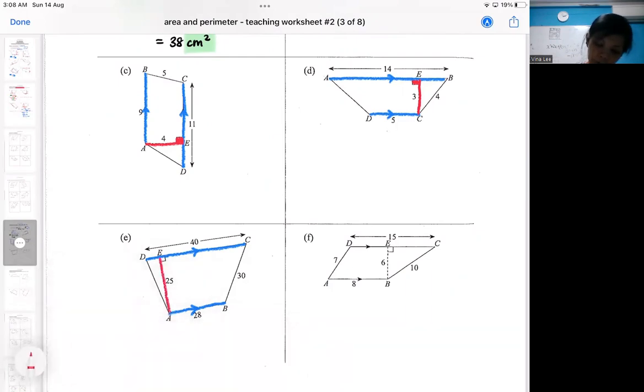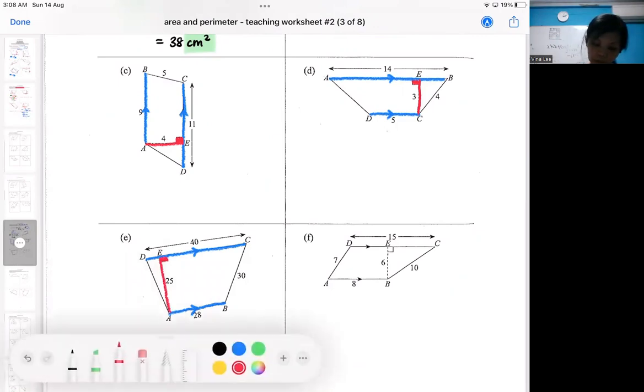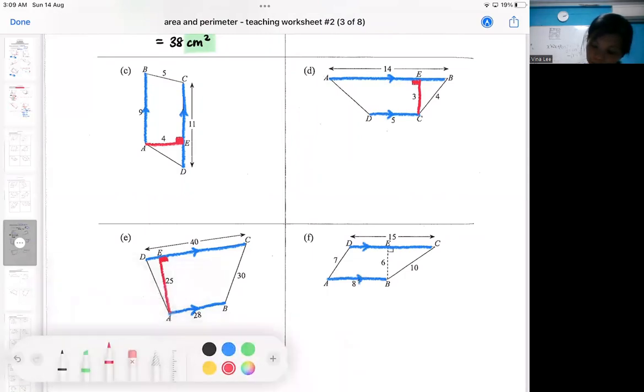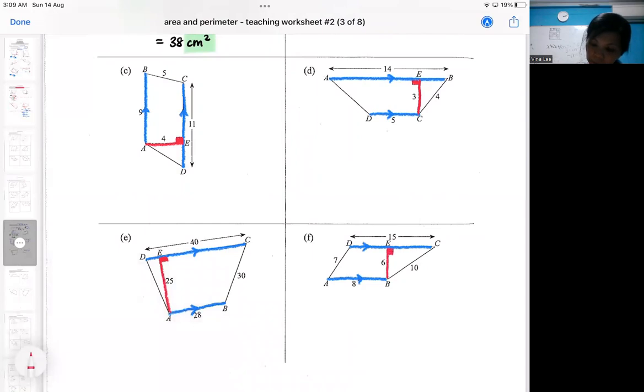So always look for the parallel lines, then you look for the perpendicular height. Okay, so that's what we keep doing. So parallel lines, then in between, there will be the height. So there will still be a 90-degree angle, but it's in between the two parallel lines.